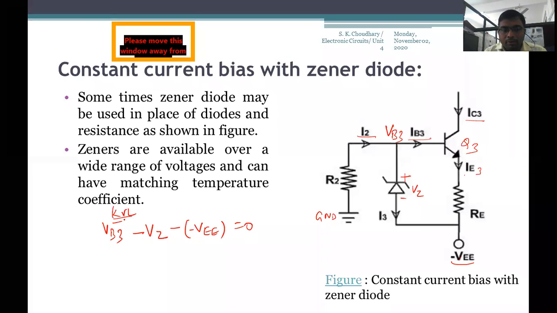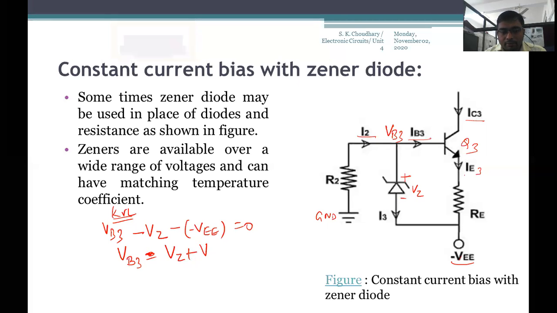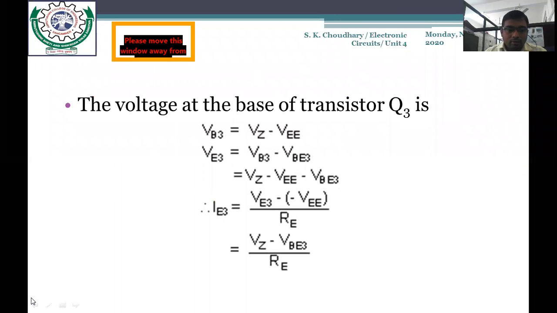According to KVL applied on this network, VB3 minus VZ plus VEE is equal to 0. That can be further written as VB3 is equal to VZ minus VEE. That is mentioned here. So VB3 is equal to VZ minus VEE.